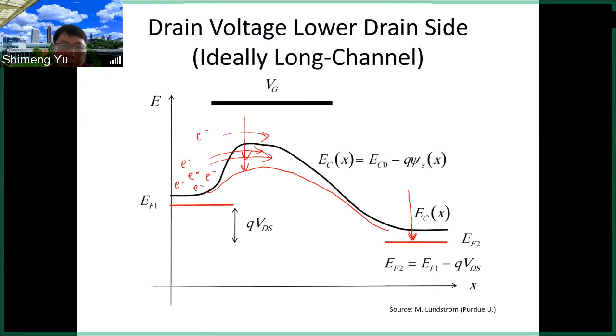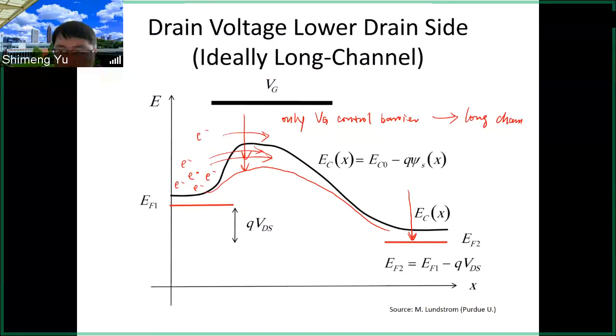So ideally, for the long channel transistor, only the gate voltage can control the barrier height here for the source to the channel. Only the gate. This is true for the long channel device, when the L is large, for example, micrometer scale. Why is that?